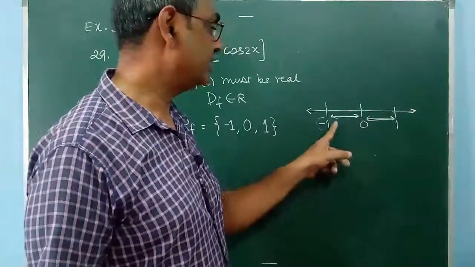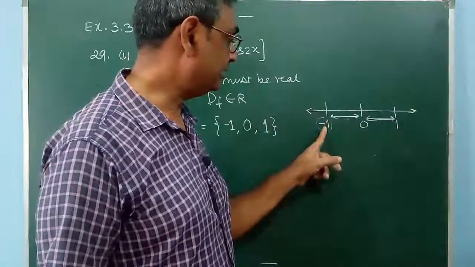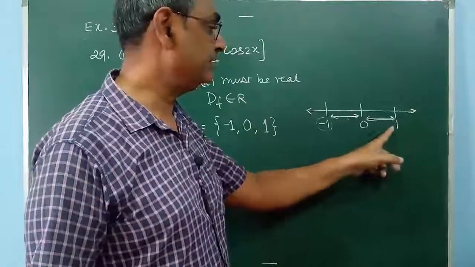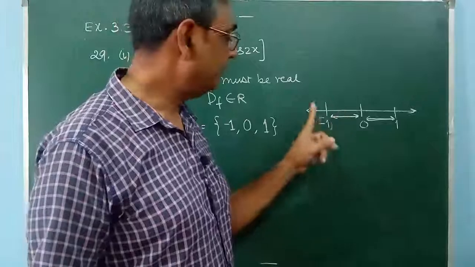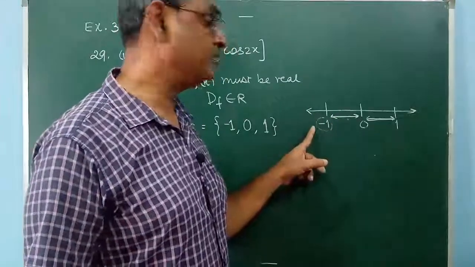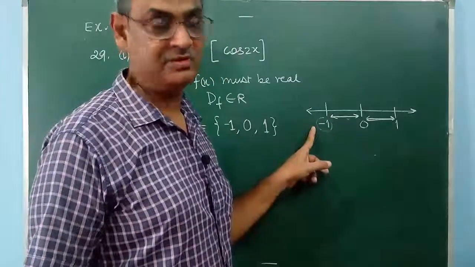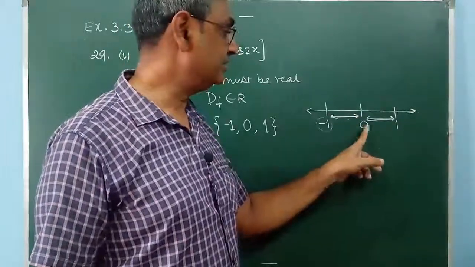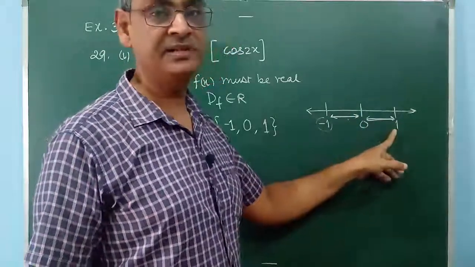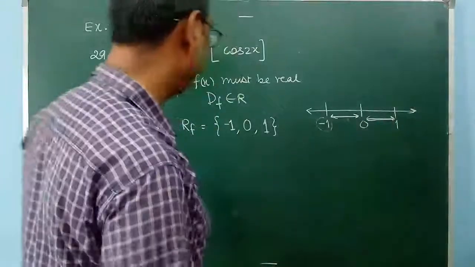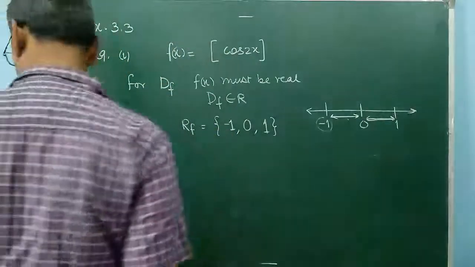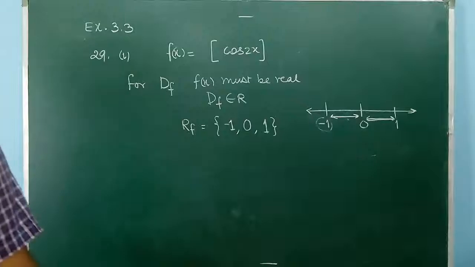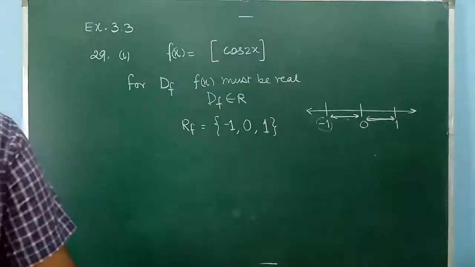If the number comes in between these two, we have to take this. If the number comes in between these two, we have to take this. If the number is exactly equal to -1, the value will be -1 because it is an integer. If it is exactly 0, we will be taking 0, and if it is exactly 1, we will be taking 1. So the range of the function will be -1, 0 and 1.